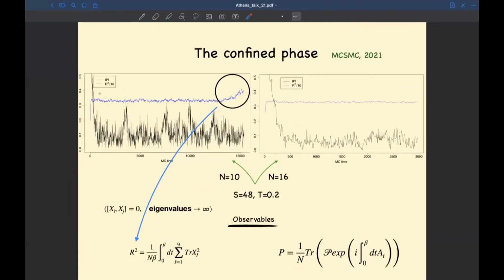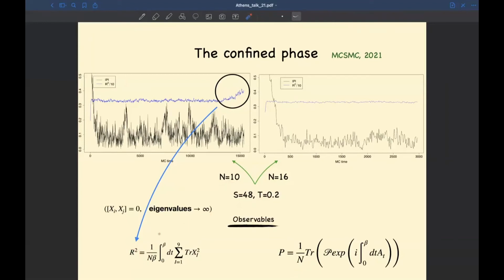Here we see that the Polyakov loop in these parameters, which is quite low temperature, fluctuates around 0. But these specific parameters are not really well under control, because you see here the growing of this observable, which means that one of the matrices starts growing.